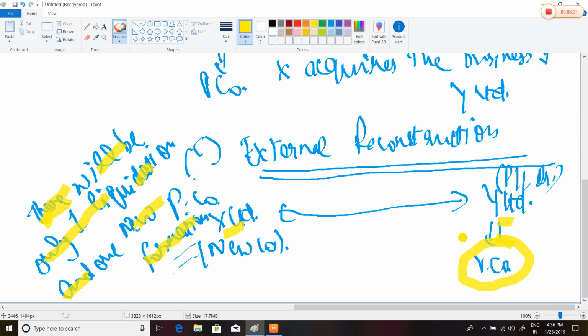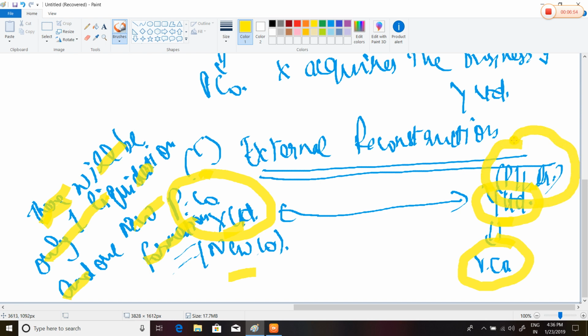Y Limited is the vendor company and X Limited is the purchasing company, which is the new company. Y Limited is incurring losses from the past few years or in the current year, that is, the profit and loss account is a debit.